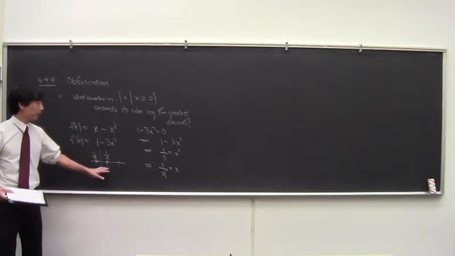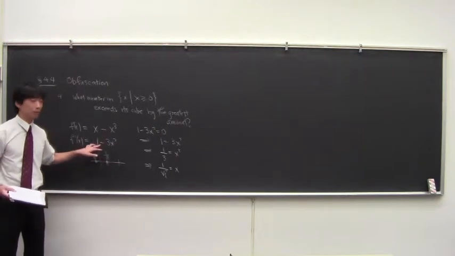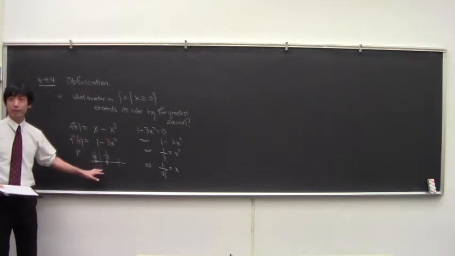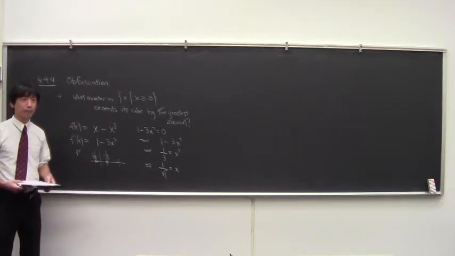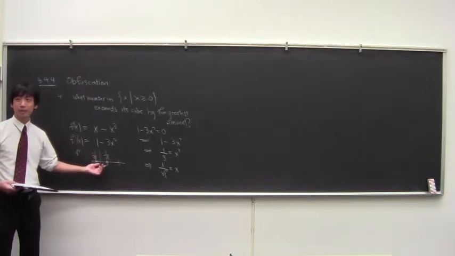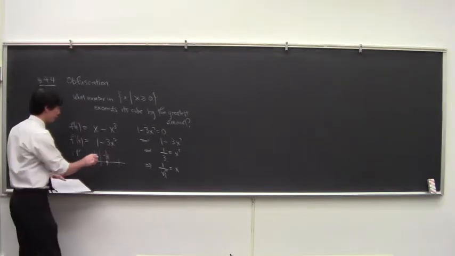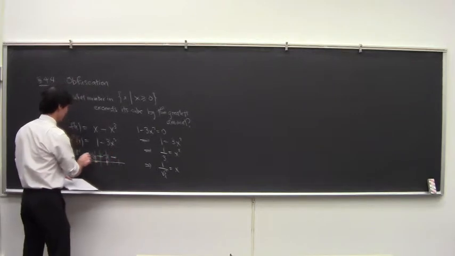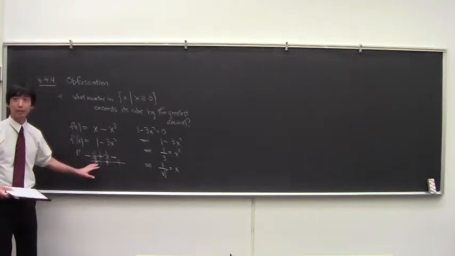And what do we know about the derivative f prime, about the signs of the derivative? Between here and here, it's positive. And then it's negative out here, and negative over here. Not that that matters.